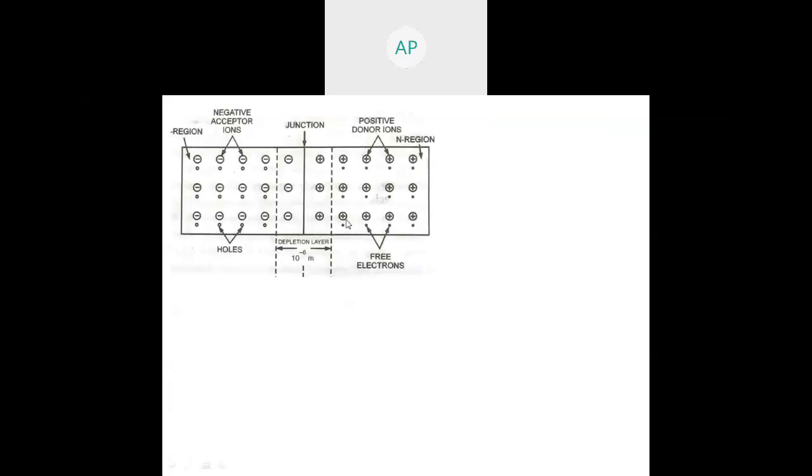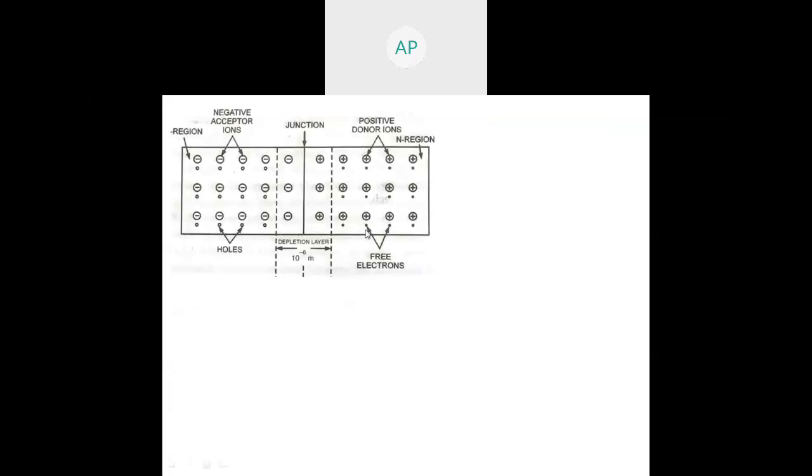Here in the PN junction, the free electrons try to cross the junction, and these free electrons will be combined with the holes. Once they combine, they disappear. Once they disappear, they create ions near the junction.